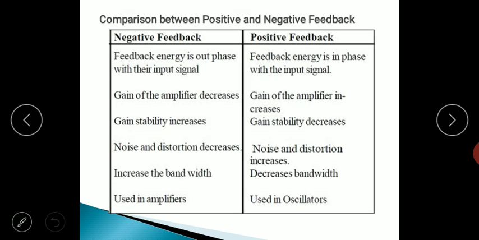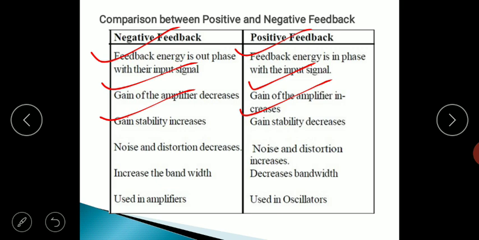A quick comparison between positive and negative feedback. In negative feedback, the feedback energy is out of phase with respect to the input signal, whereas in positive feedback it is in phase with the input signal. In negative feedback the gain of the amplifier decreases, whereas in positive feedback the gain increases. Negative feedback stabilizes the amplifier, so gain stability increases, whereas in positive feedback stability decreases. This we are going to see shortly.